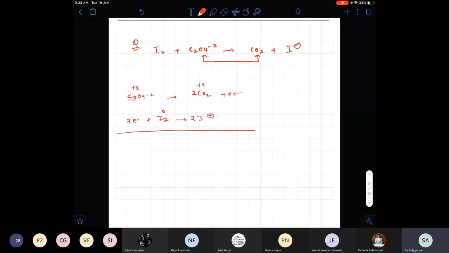So now we can add the two equations. Aditya, these are the main equations as you were talking about.